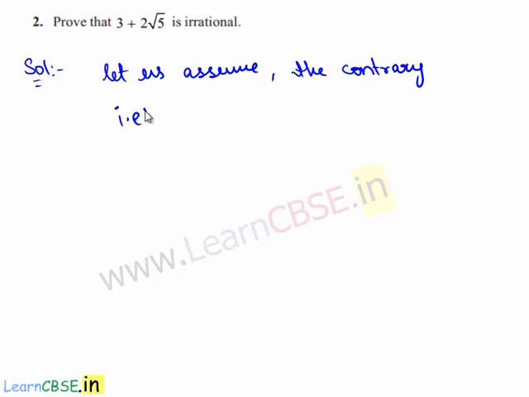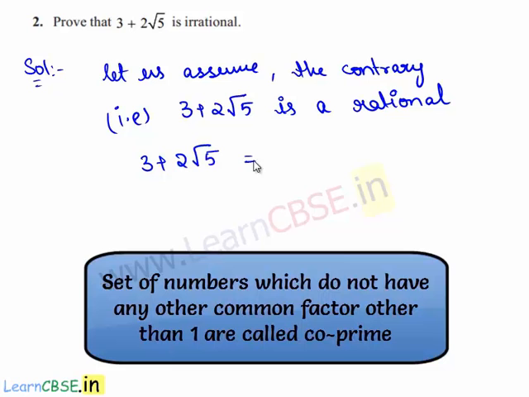That is, 3 plus 2 root 5 is rational. Since we have assumed that 3 plus 2 root 5 is rational, it can be written as p upon q, where p and q are integers and also co-primes.